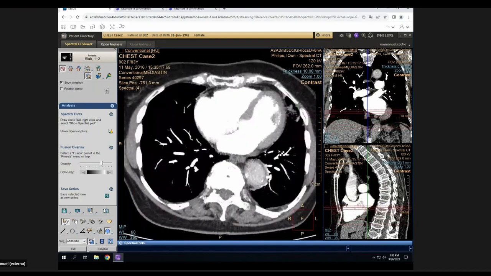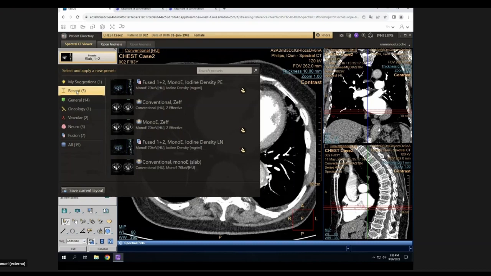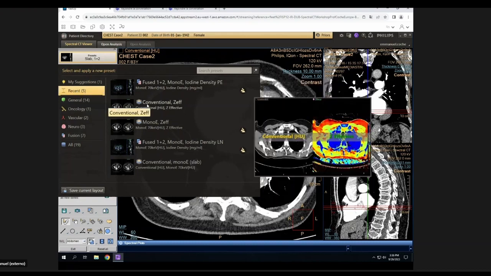So I suggest when you inspect pulmonary arteries, not doing conventional viewing, but going to spectral CT viewing first. And you can play with mono E, you can play with Z effective, you can play with iodine content. So I suggest, and that is the simple tool, you go to recent, for example, and you have this tool, conventional Z effective.